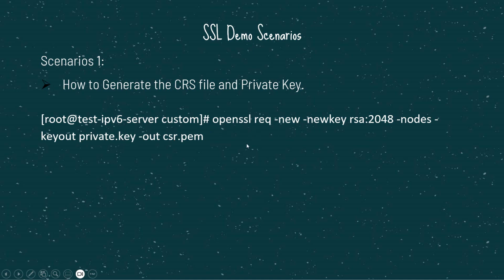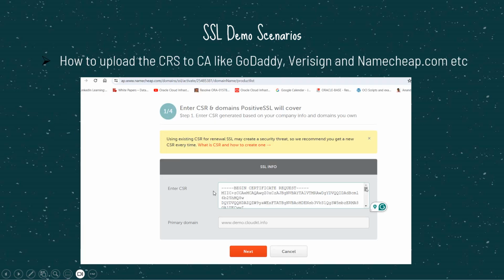I put this command in the log so that you can also run it and generate your CSR file. Once you generate it, you can go to any CA like Verisign, GoDaddy, DigiCert. Namecheap.com is the one which I'm using, which is very minimal cost.